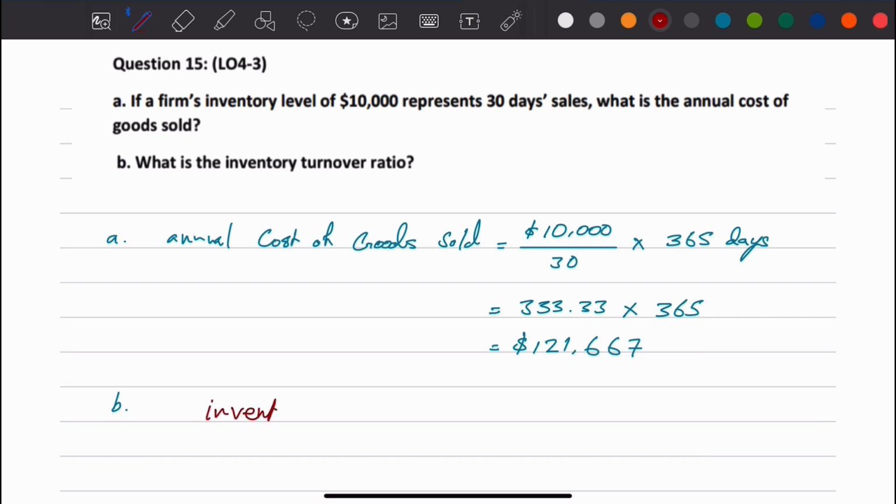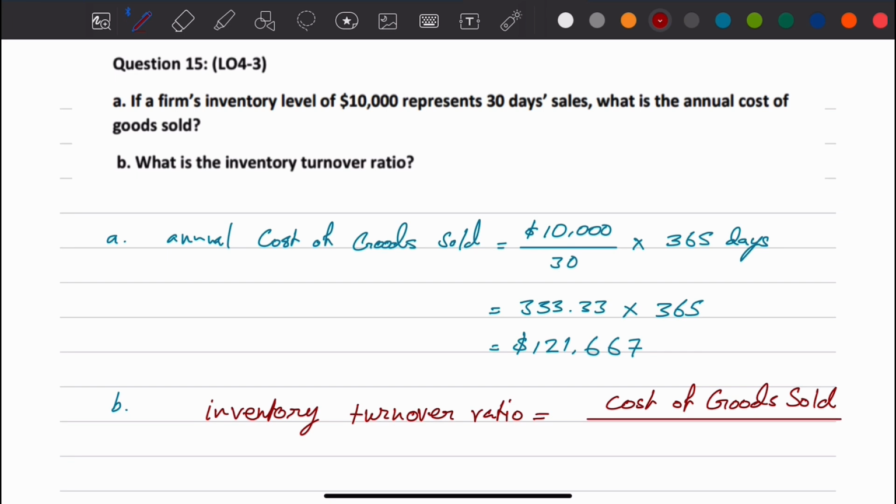Inventory turnover ratio equals cost of goods sold divided by inventory at start of the year.